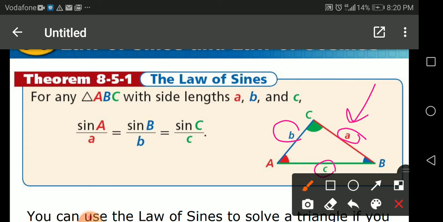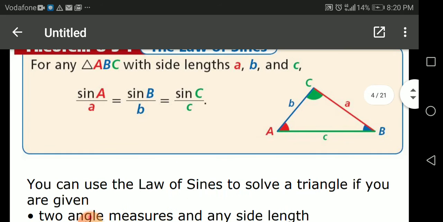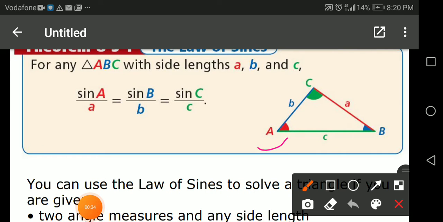If I say the sine of angle A, the capital angle A, over what? Over the side A here, the opposite side. I'm talking slowly because I know some of you are laughing right now. This is the opposite.